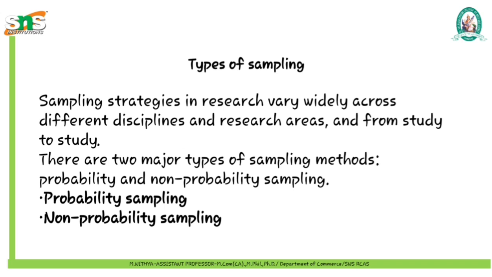This is commonly achieved using a random number generator. If that is not available, you might order your list alphabetically by first name and then pick every fifth name to eliminate bias.